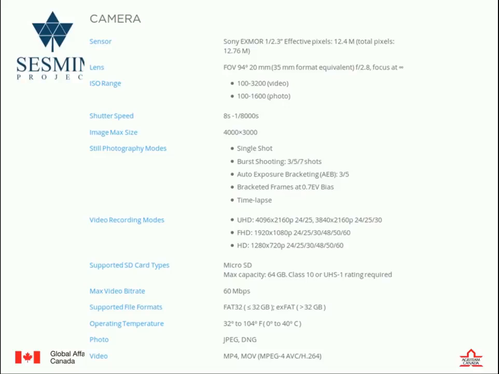Generally, the file format is FAT32 in terms of formatting the SD card. So generally, we recommend letting the drone format the card rather than formatting it on a PC and bringing it over. Sometimes that, for whatever reason, becomes incompatible. Okay? And then generally, we're saving it in JPEG.